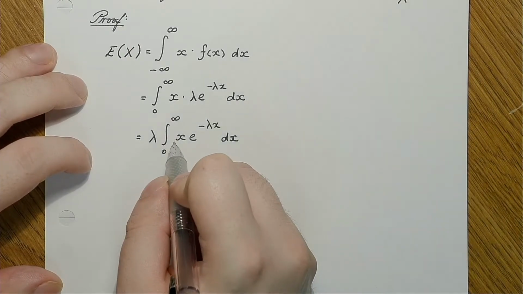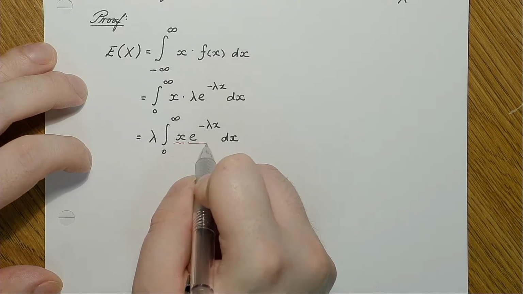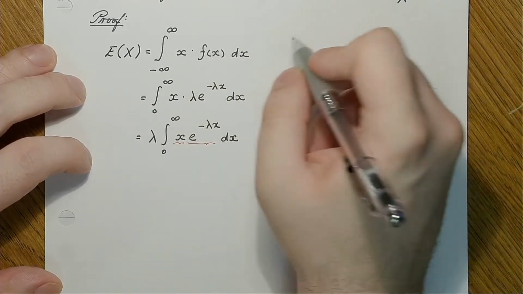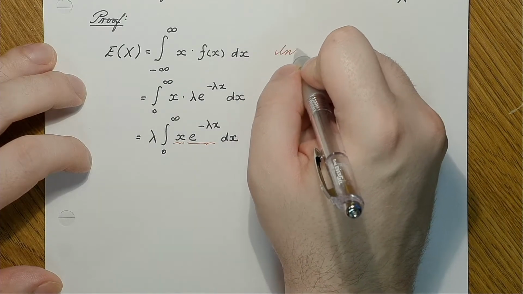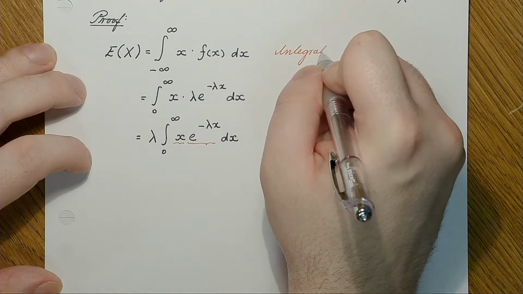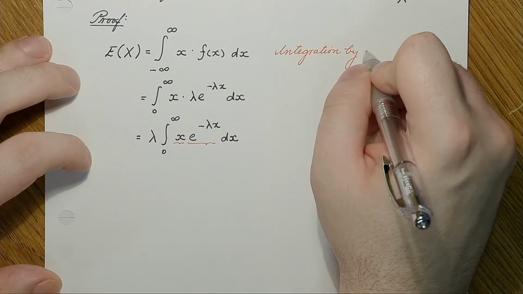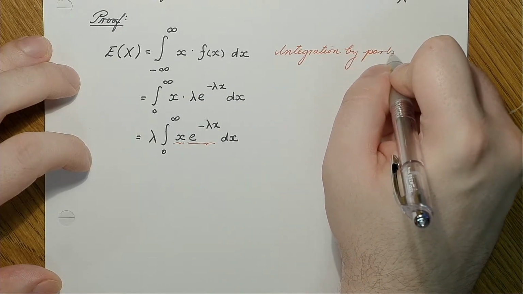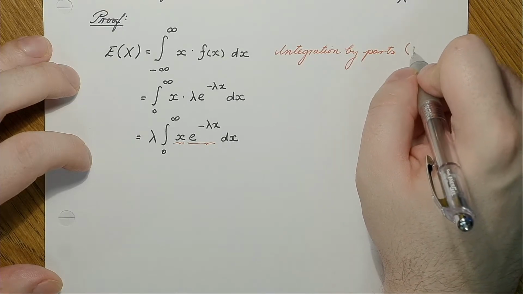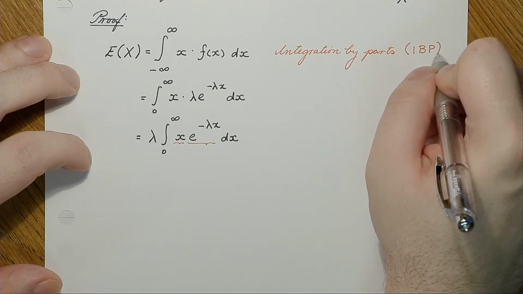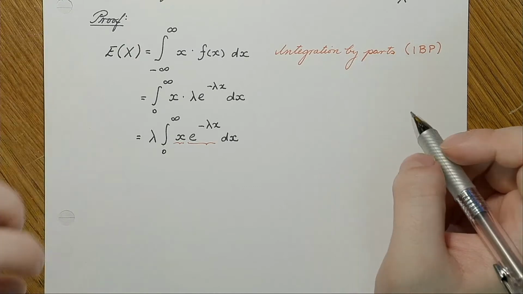And the reason for that is because I have two parts right here: I have x here and I have e to the minus lambda x here. Integration by parts, I might abbreviate it as IBP when I write things.